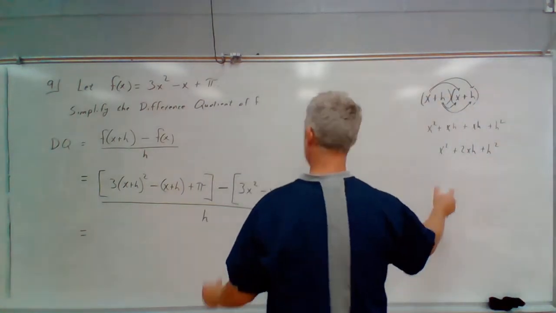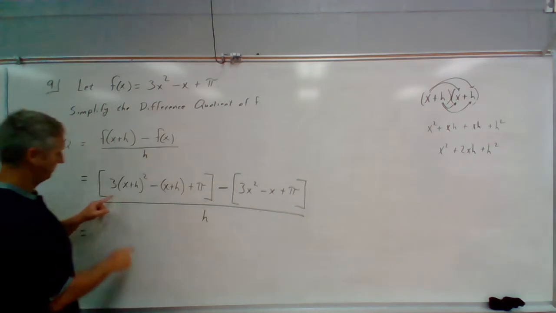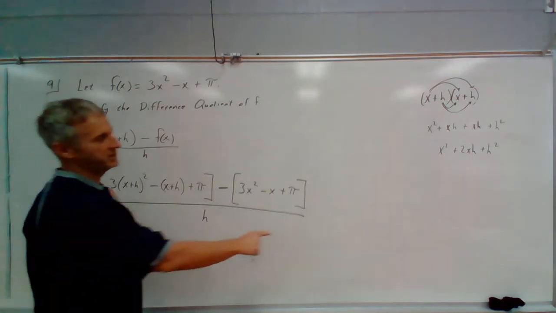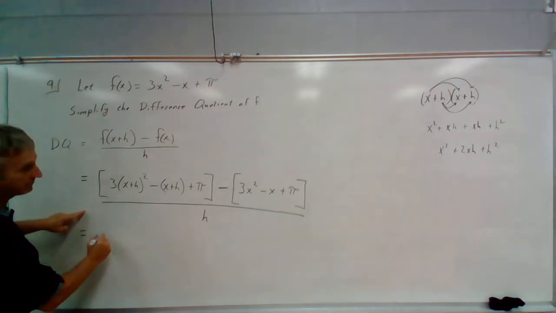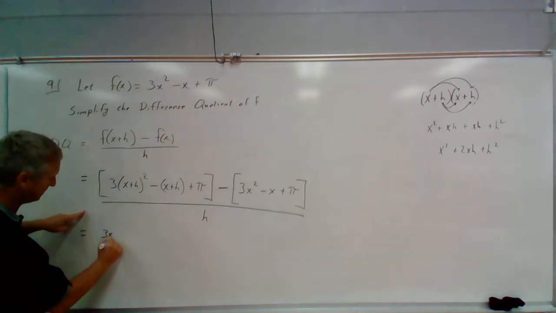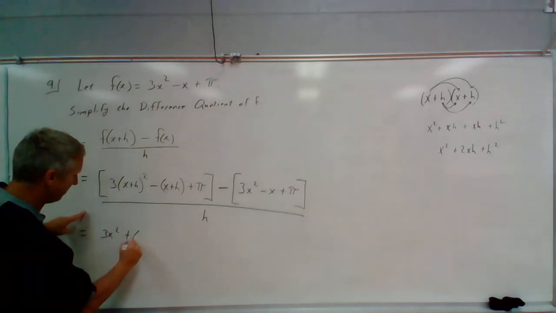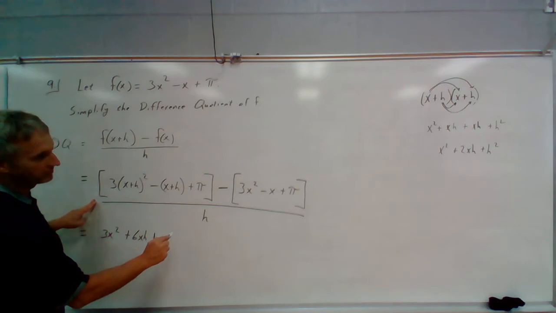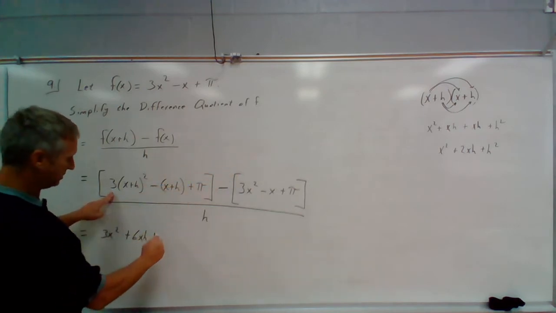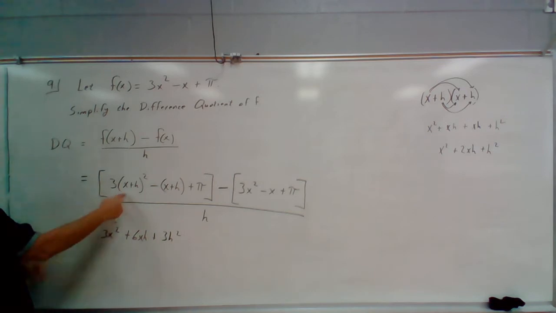All right, so if x plus h squared is that, and then I multiply all of this times 3, I will get 3x squared plus 6xh plus 3h squared. So all of this is just that.